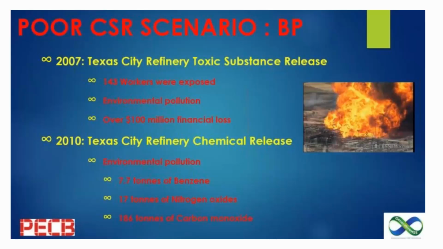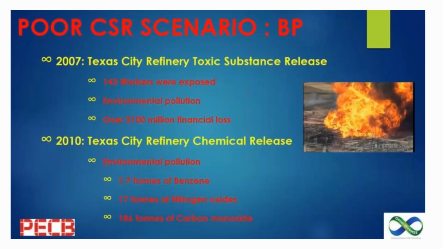Again, in 2010, Texas City Refinery chemical release, environmental pollution, there was 7.7 tons of benzene. Benzene, as we know it, is a known carcinogen. It causes cancer in humans. 7.7 tons of that was released into the environment. 17 tons of nitrogen oxide. Nitrogen oxide is one of the greenhouse gases.